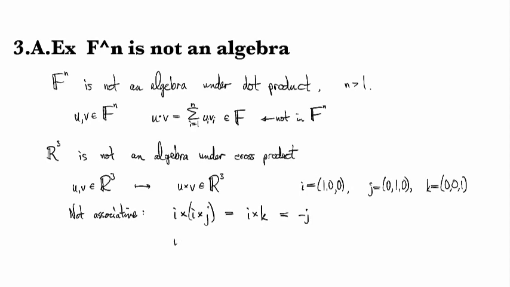But if you look at taking i cross i first, the cross product is something in terms of the sine of the angle between the two vectors. So if you have the same vector with itself, the sine is 0. So that's going to give you 0 cross j, which is just 0. And then these are clearly not the same. So it fails associativity.